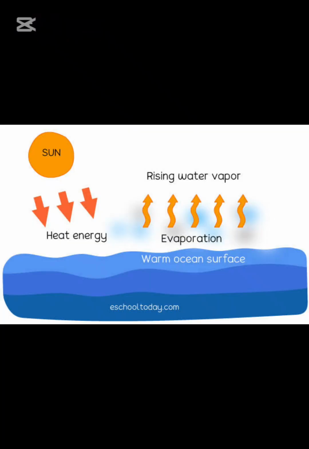At a certain temperature, the water molecules become water vapor. They escape into the atmosphere, becoming part of the air, and it increases the humidity. This process is essential for the water cycle as it provides the moisture needed for clouds to form.